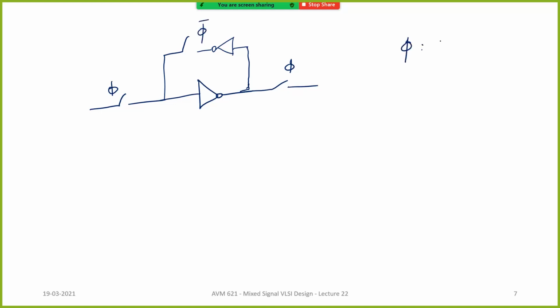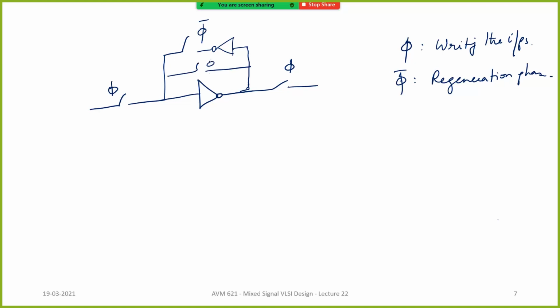In the phi phase, you are writing the inputs. And in the phi bar phase, it's the regeneration phase. Of course, you can always have a reset phase and so on, just to get rid of memory effects.